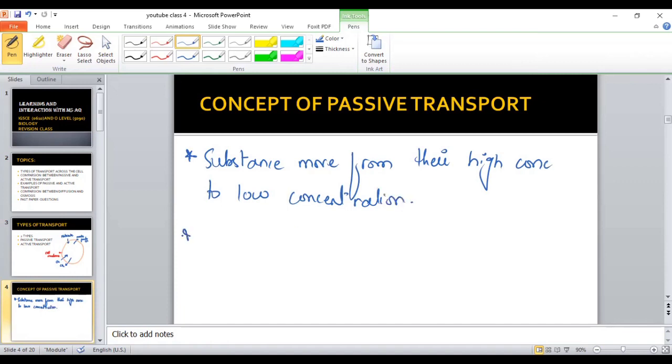So we are saying that substances move down their concentration gradient. And for this transport, there is no need of energy.